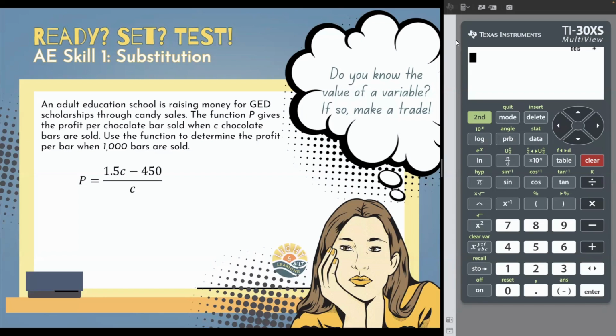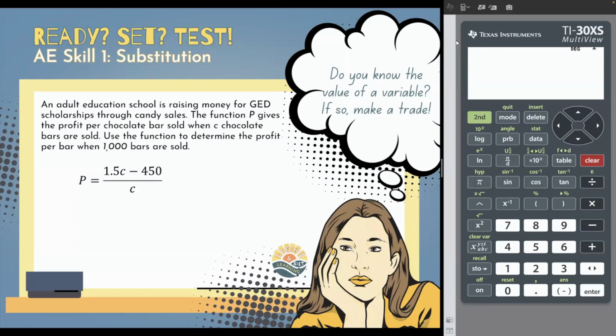An adult education school is raising money for GED scholarships through candy sales. All right, interesting. The function P gives the profit per chocolate bar sold when C chocolate bars are sold. That's some interesting language.